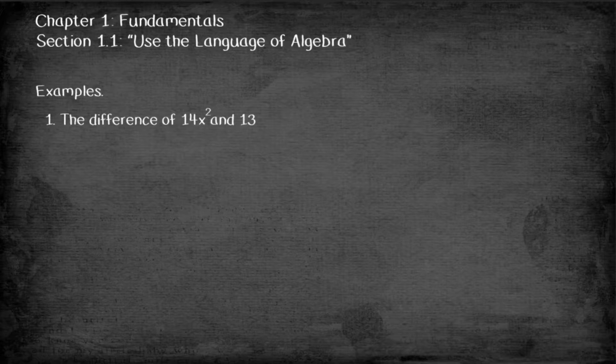Now, in this phrase, we're going to be focusing on this word right here as the difference of A and B. And if we go back and reference the phrases with our A's and B's, you'll see that 14x squared here is playing the part of A in that phrase, and 13 is playing the part of B. So, translated into a mathematical expression, we have 14x squared minus 13.